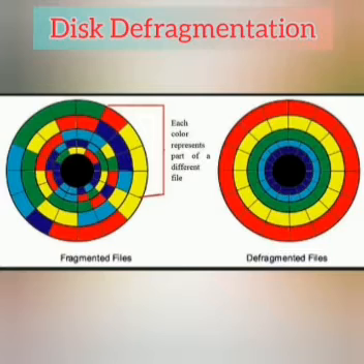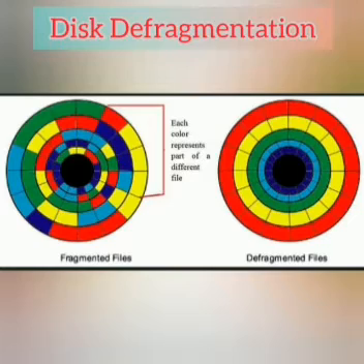The same thing happens when we store the contents of a file in different locations on the hard disk. Look at the picture. As you can see, children, each color represents part of a different file. Now, after performing disk defragmentation, it collects the scattered segments of a file and organizes them in one specific place in the hard disk, as you can see in this part.